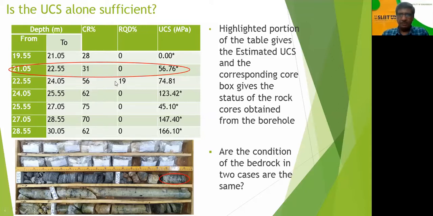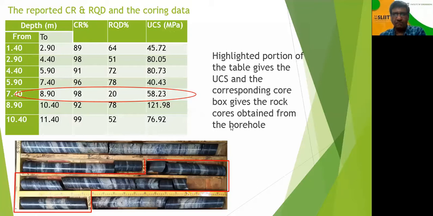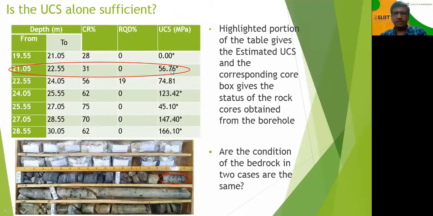You can see that this particular profile here gives actually low core recovery values, but the UCS values here are fairly high. So can you compare the original value, the earlier value, with this value? This rock, you get a UCS value of 58.23 with this one.